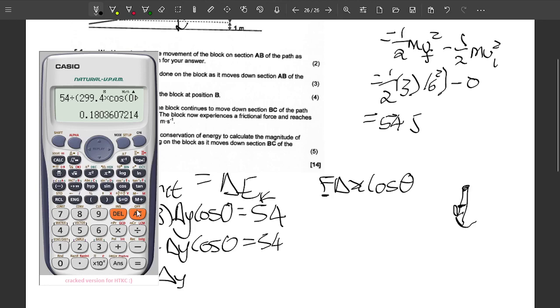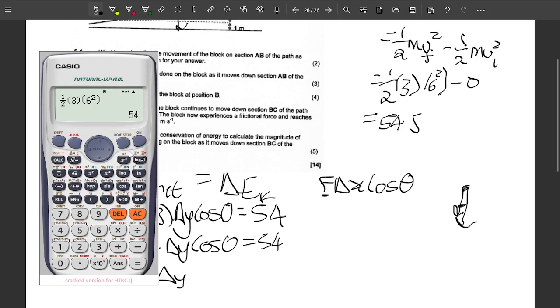Hang on a second. Let me just double check my kinetic energy. So I've got a half, and then our value of m is sitting at 3, and my v squared, the velocity there was said to be 6, so I'm gonna square that and close it off.